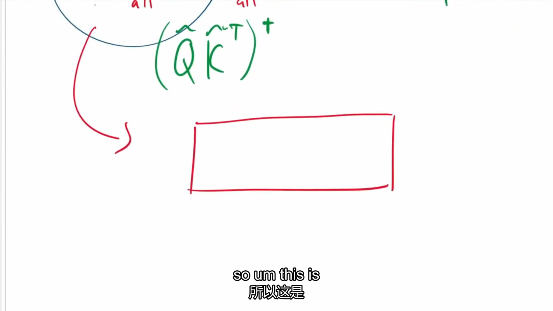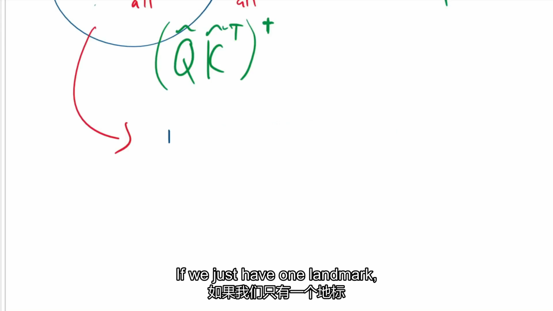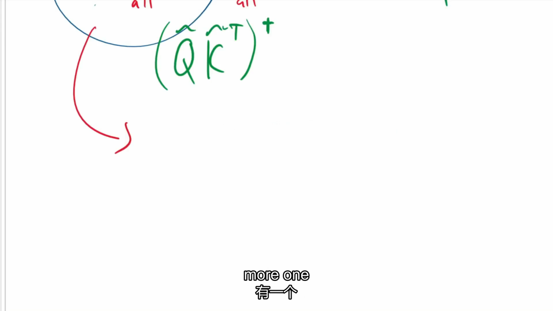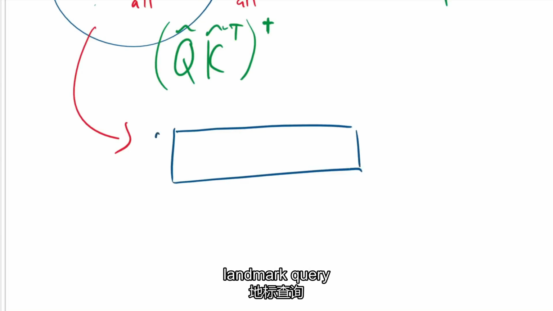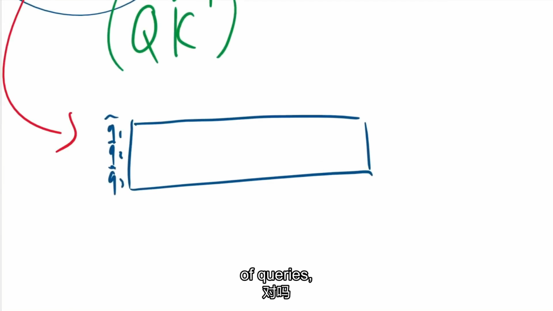Okay, so this is a different matrix now than the key matrix. This is simply the landmark queries, and I think I've drawn this. Let's actually have more than one landmark, because I want to make my point. So here is landmark query 1, landmark query 2, and landmark query 3. These are the subset of queries we selected, or the averages of queries, however you want to do it.